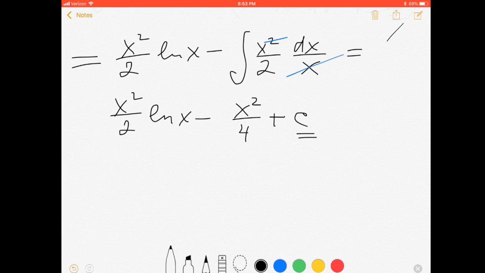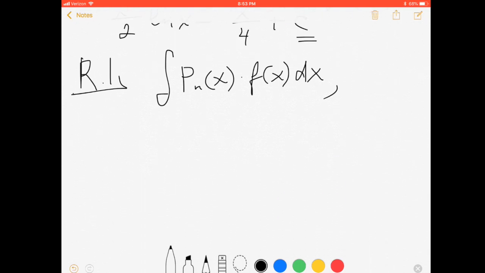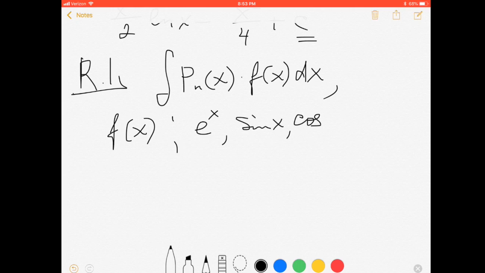I don't know how to call it, rules or... If you have an integral where you have a polynomial function times a function f(x) dx, where f(x) is one of these functions: exponential function, sine function, cosine function, maybe a different function.